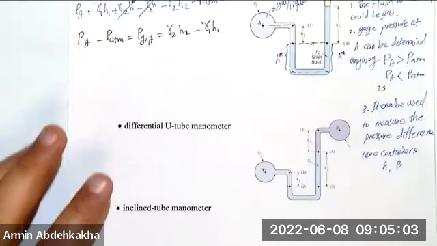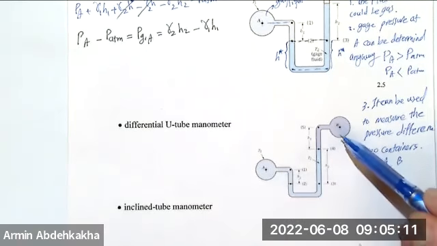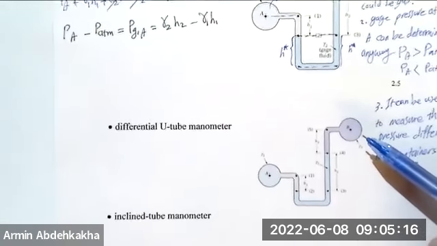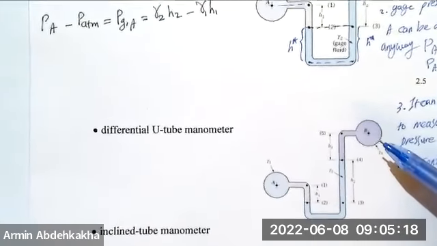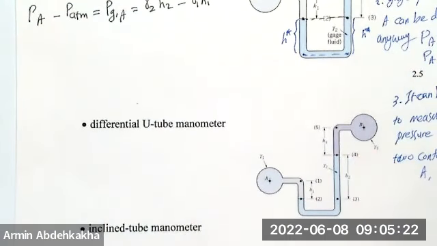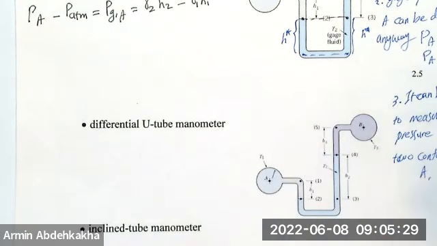The third advantage of the U-tube manometer is measuring the difference between two gases. So you have two containers, A and B. Now you're going to find the pressure difference between these two. Okay, so let's try. First, pick a point, which is A, right?